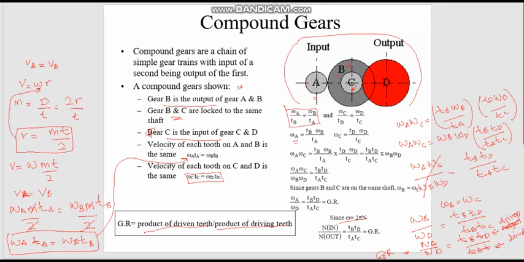So if you have a compound gear system, you can calculate the gear ratio by simply calculating the product of the driven teeth over the product of the driving teeth.